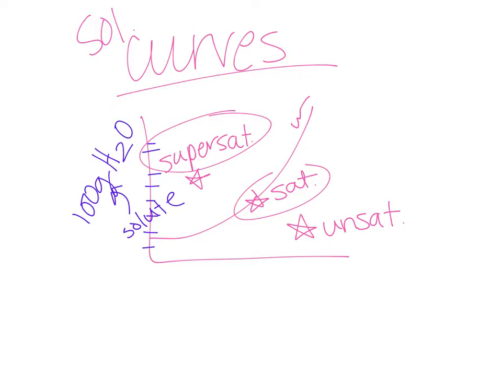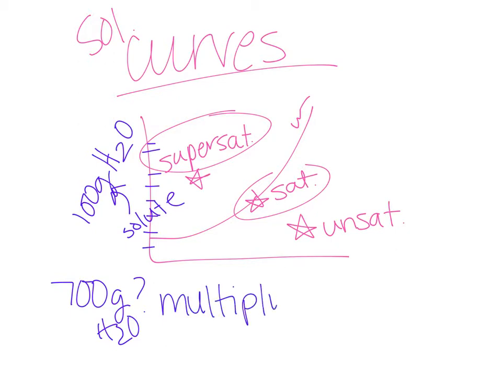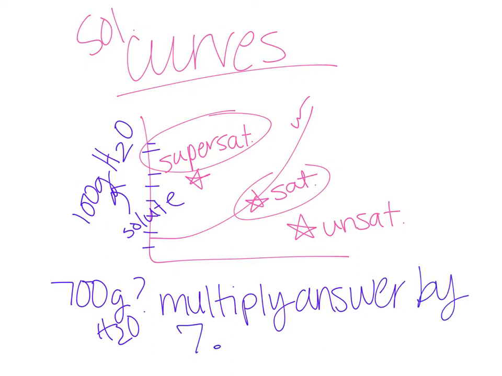If I want to put it into 700 grams of water, what am I going to do to my number? Right, multiply the answer by 7. You'll have a different example in your review, so don't forget that. And then just know that this is showing temperature increasing.